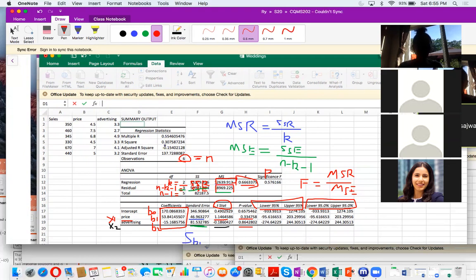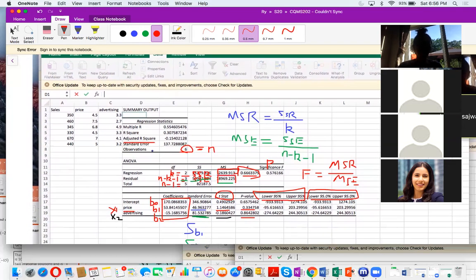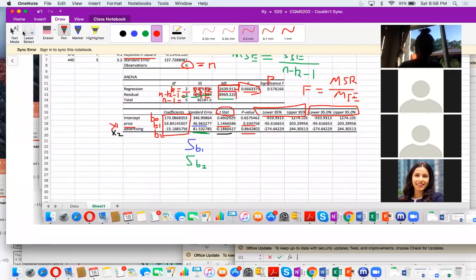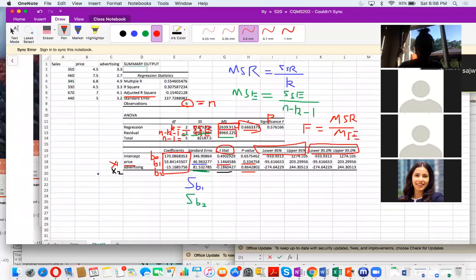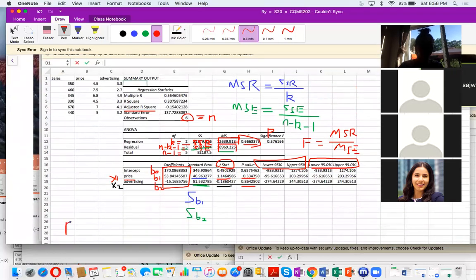And also in this chapter, you need to know the formula for adjusted R squared. Okay, so the formula is, I'll write down here. Adjusted R squared, so I'm going to use R adj, equal to 1 minus, bracket, 1 minus R squared.